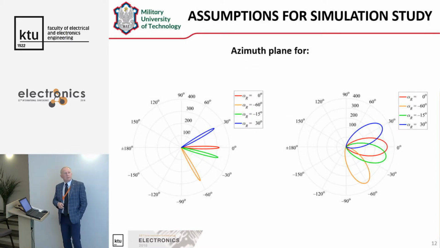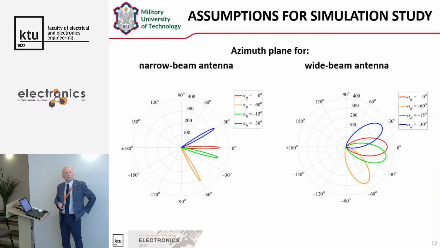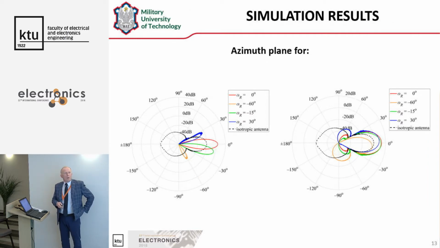Here is presented the antenna pattern of the receiving antenna. We have made the calculation for 4 angles. This is the narrow beam antenna and the wide beam antenna, and we have calculated the power angular spread.